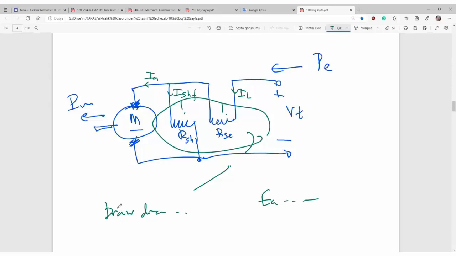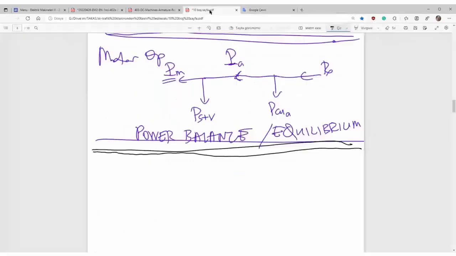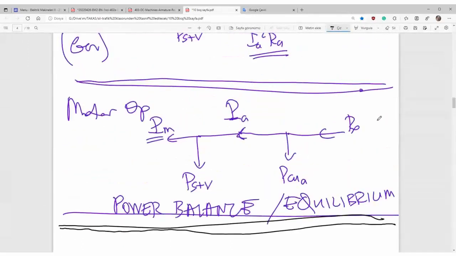First draw the diagram and then apply Kirchhoff's voltage law, Kirchhoff's current law, then write equations, and then make calculations. All those disciplines must be conducted. Otherwise, you will memorize a solution and you will fail in exams. You should draw the diagram first.